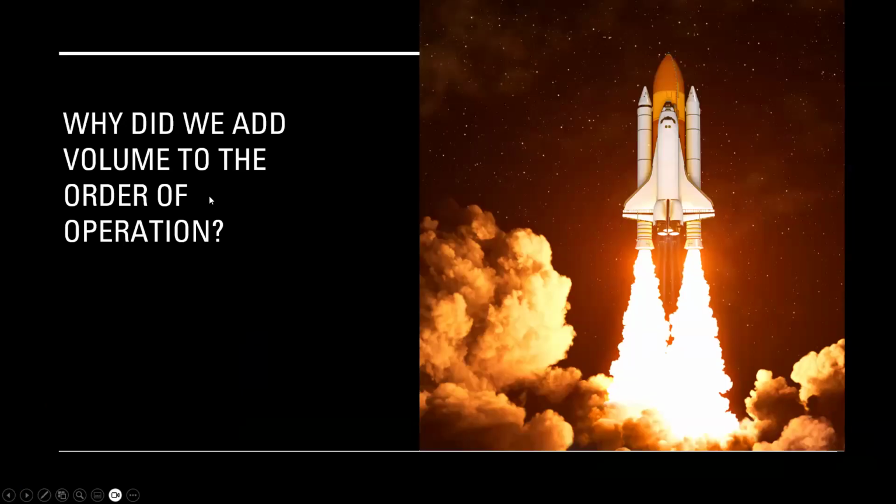So why did we add volume to the order of operation? I was sitting here and we did this last year. This is something new. For years, I've only had those things that we talked about before, and we added volume because we needed to be able to locate elements of momentum.